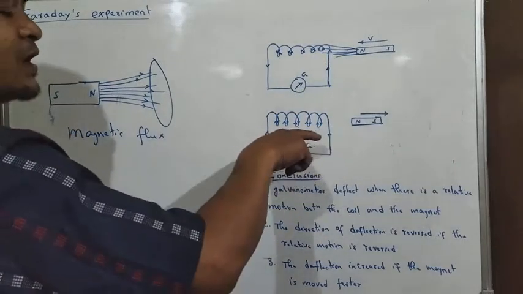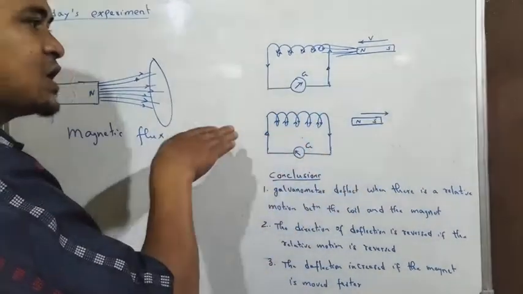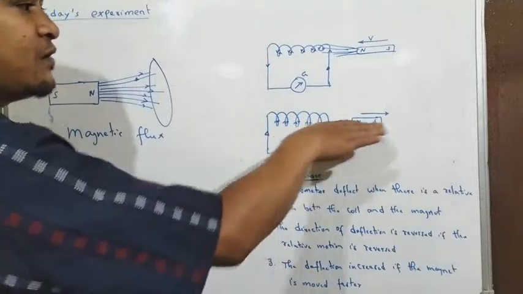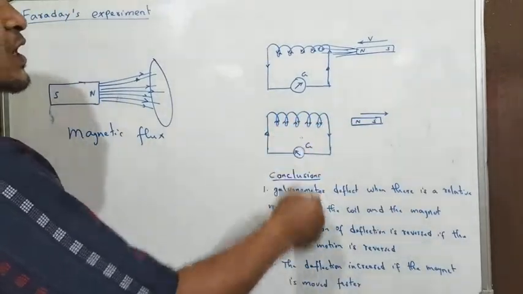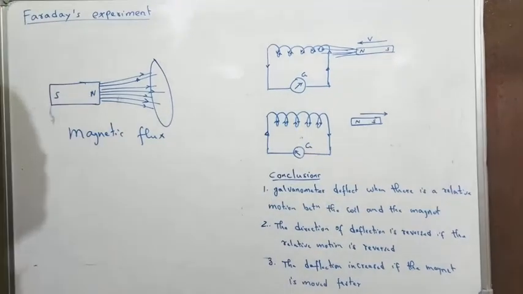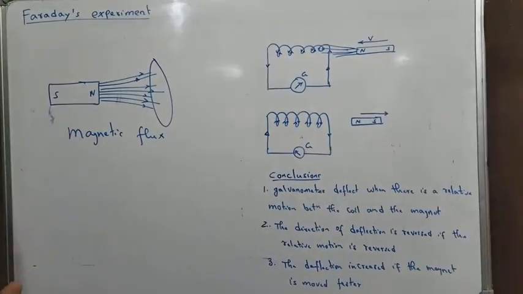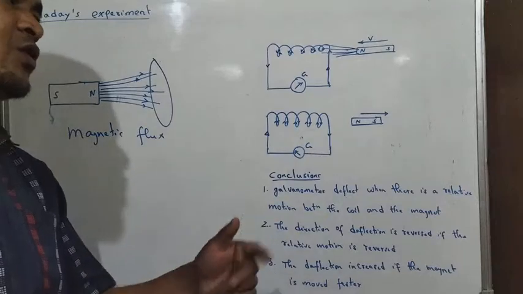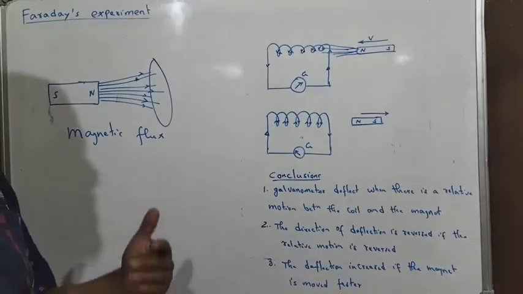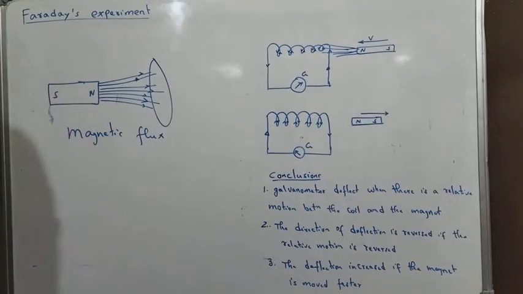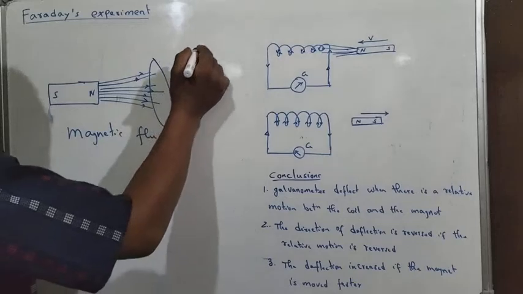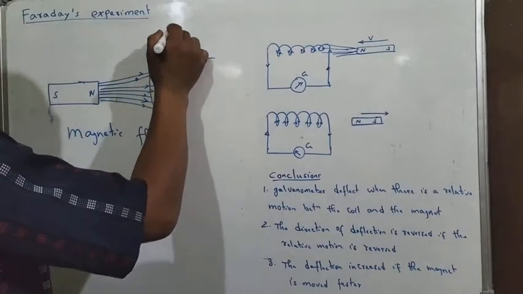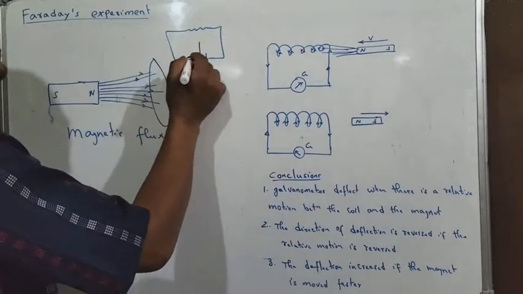And when he moves the magnet away, the magnetic flux starts decreasing, and again he found a deflection, which means there is a current in the coil. So moving a magnet towards the coil or away from the coil always produces a current in the coil. And this current is different from the current which you obtain from a cell. Suppose this is a cell.